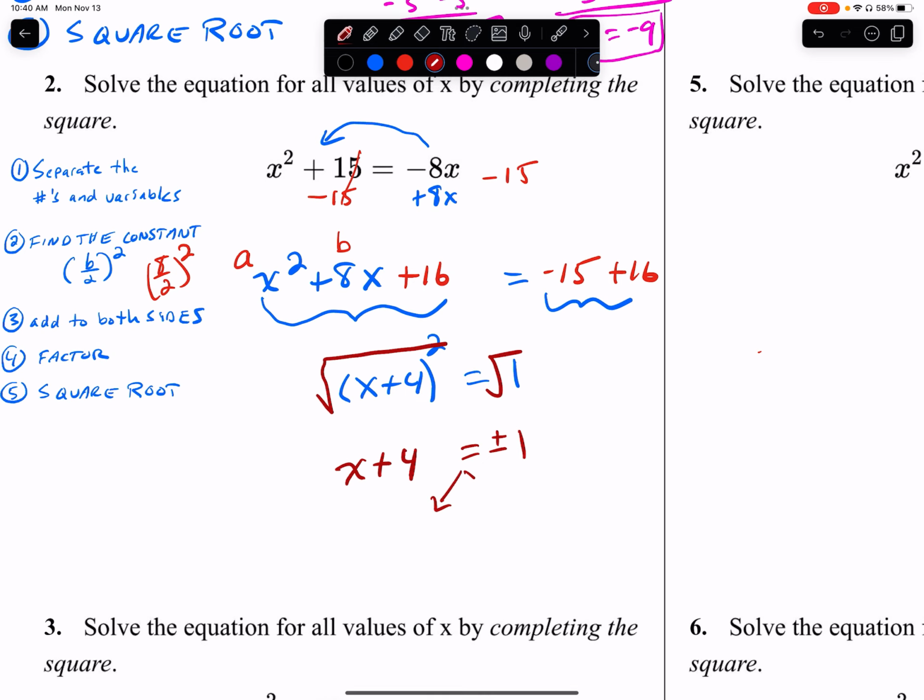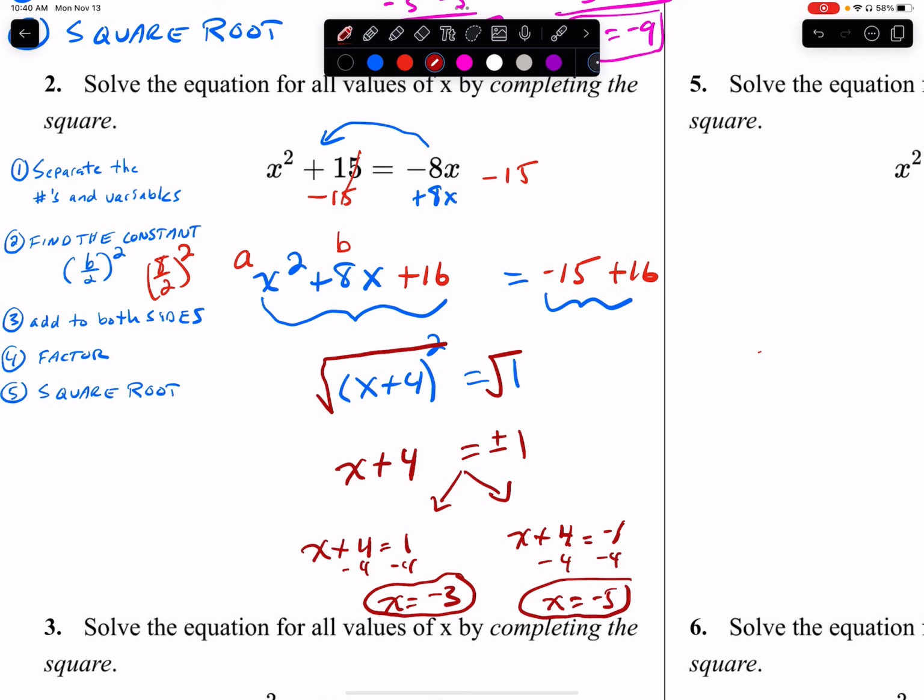This separates into two cases: x plus 4 is positive 1, or x plus 4 is negative 1. Subtract 4 from both sides, and you get x equals negative 3, or x equals negative 5. There are two solutions to that problem.